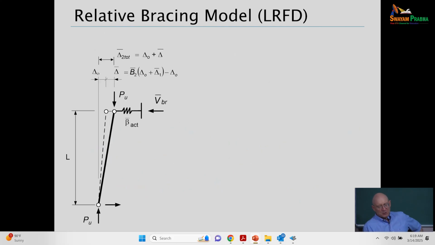So here's the most basic bracing case there is. We're saying it's a relative bracing model.